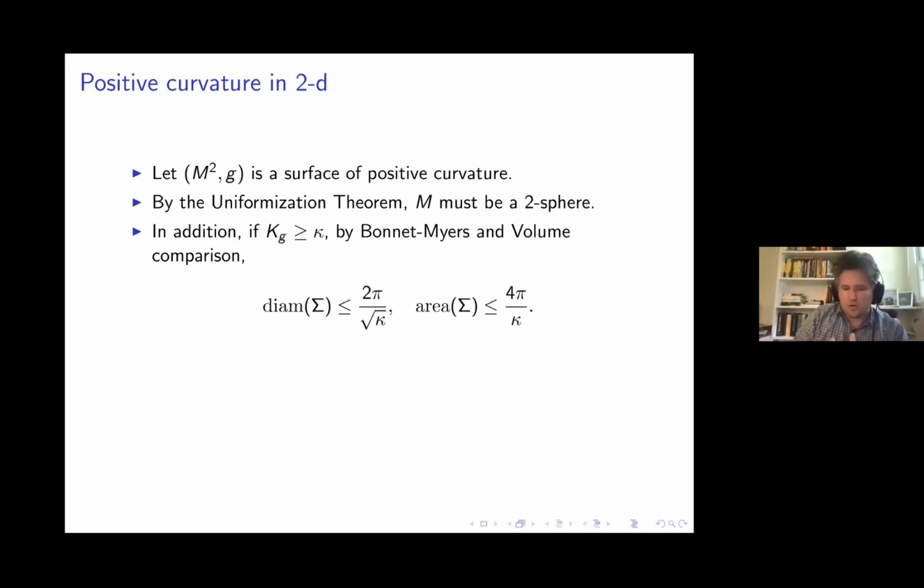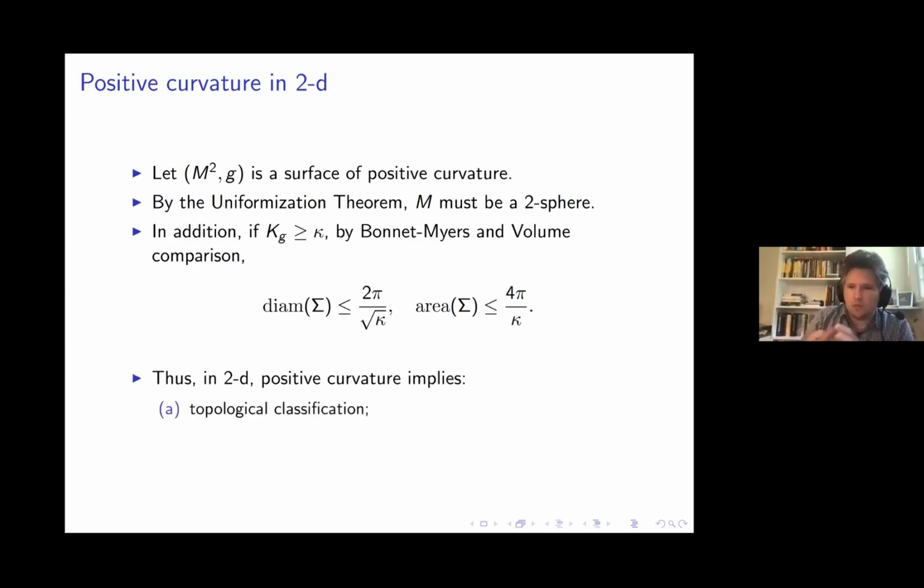So in other words, at least in this two-dimensional picture, positive curvature implies a topological restriction, or in this case a classification. So we know what the topology must be, but we also have what I call here geometric smallness: how positive the curvature is controls that you have to be small in some geometric sense, at least in the sense of the diameter and the area.